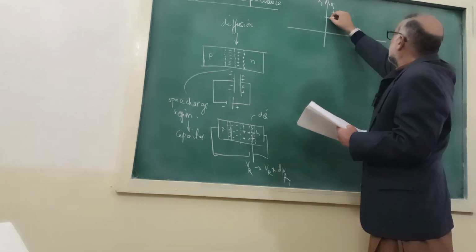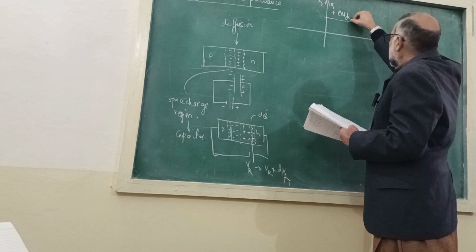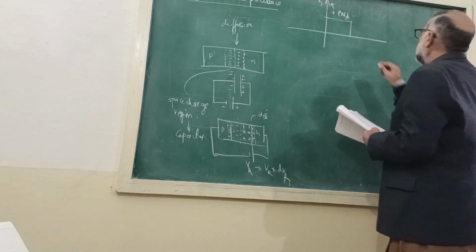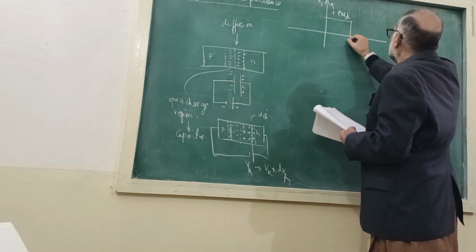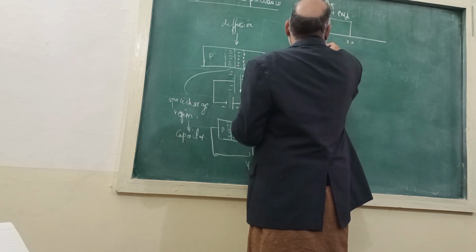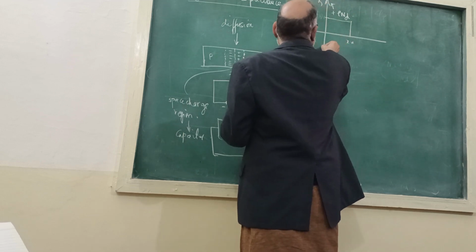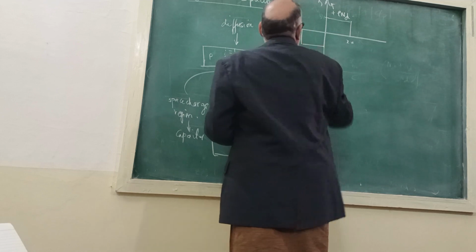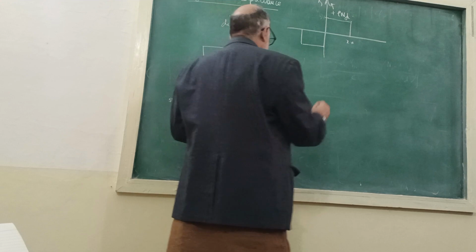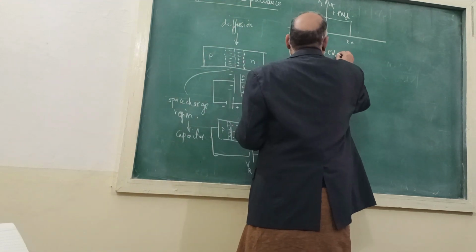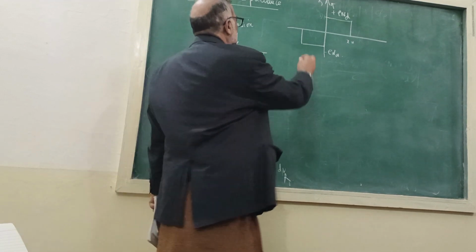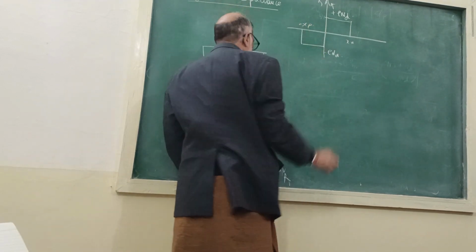And this is before we apply the reverse voltage, so we call it Xn. And here there will be a negative charge density, going from here to minus q N_A, and we call this minus Xp, if you remember.